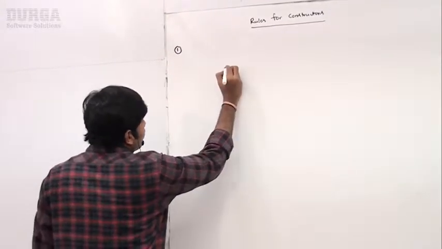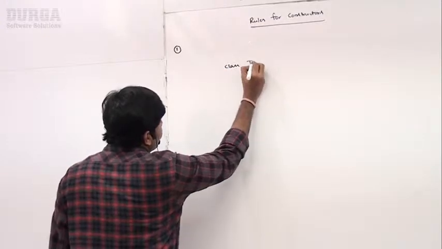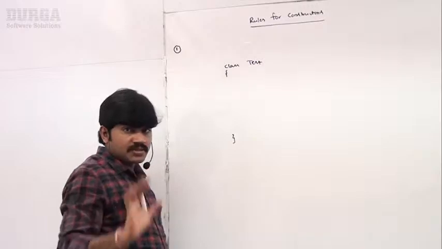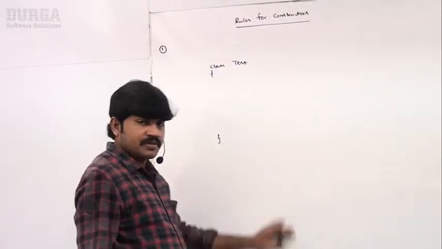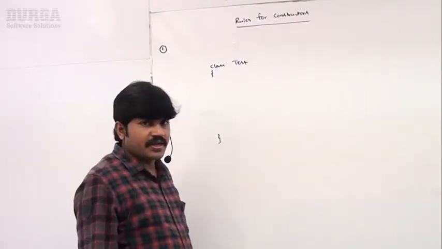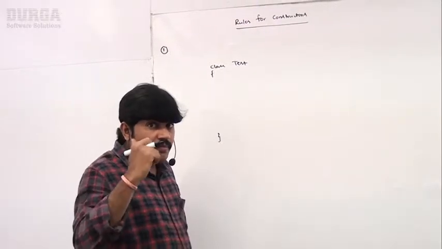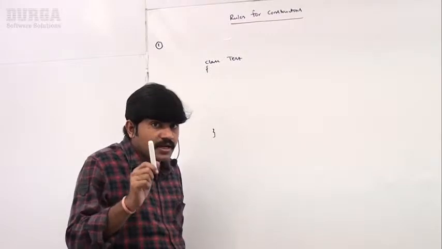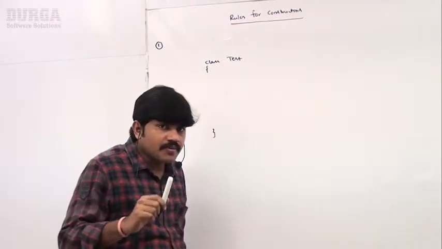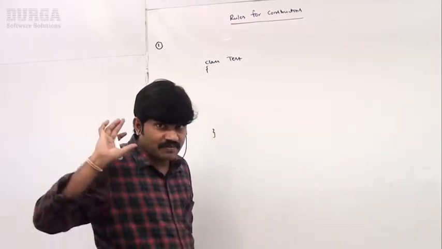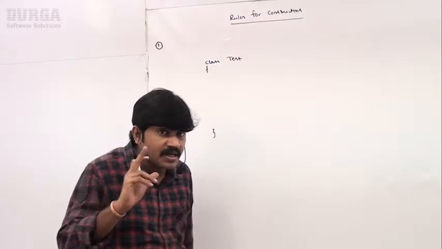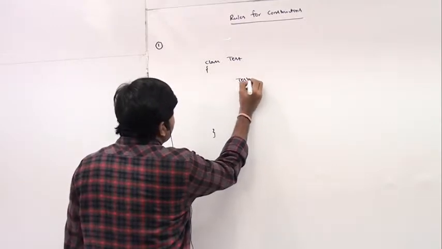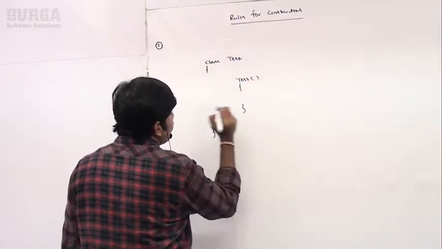Name of the constructor. I have class Tester. Listen carefully. In this class, I want to write a constructor. Can you tell me how I can write a constructor? What is the name I need to use? The first rule: the name of the constructor and the name of the class must be the same. Compulsorily we need to write it like this.